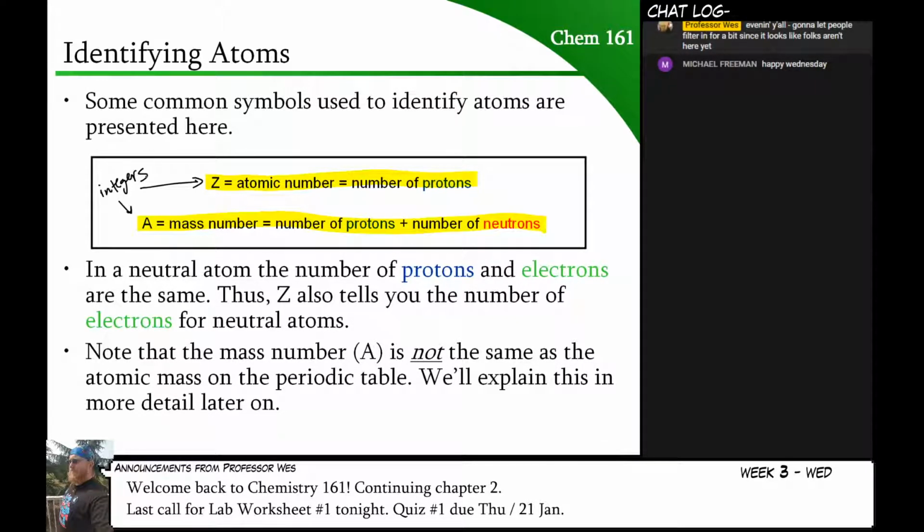But almost all of them round to some sort of decimal. So that should be your first cue that the mass number can't be the same as the atomic mass in the periodic table. They are related, sort of. They round close to each other, but they're not the same thing. More on that when we talk about mass spectrometry at the end of today's lecture.